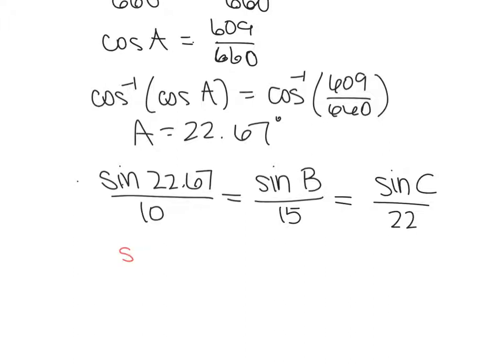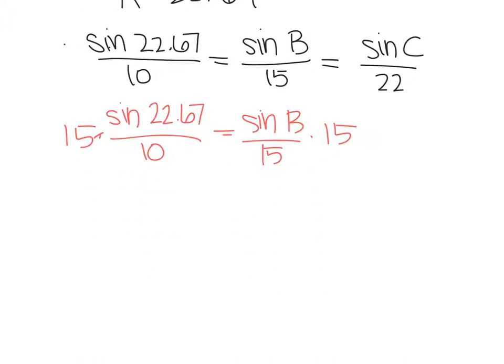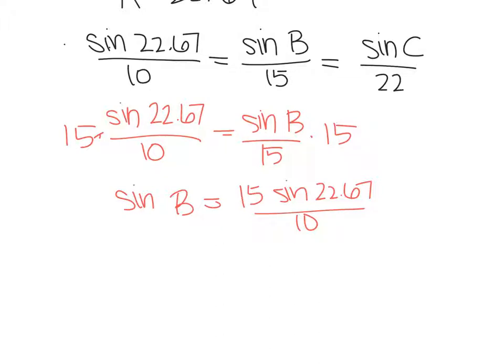Sine of 22.67 over 10 equals sine of B over 15. Multiply both sides by 15. We get the sine of B equals 15 times the sine of 22.67 over 10.